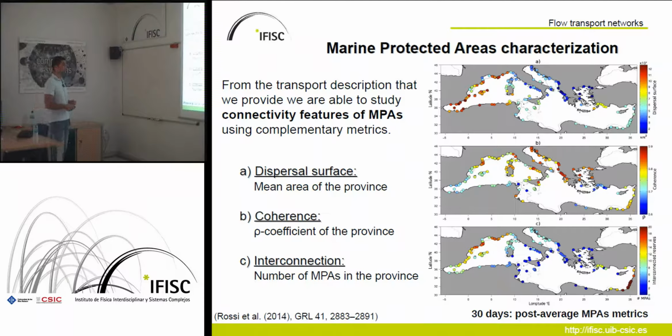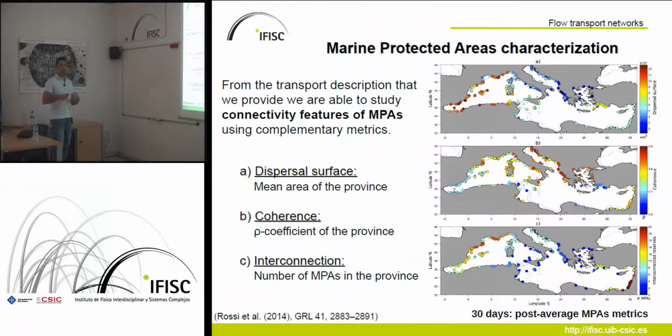We can also look at the coherence of the same province, so not the dimension, but how closed to exchange is the region that contains the MPA, or the interconnection, so the number of other marine protected areas present in the same province, in the same community that is containing our MPA. So this is just to give you an idea of a possible application to biology, ecology, and so on.